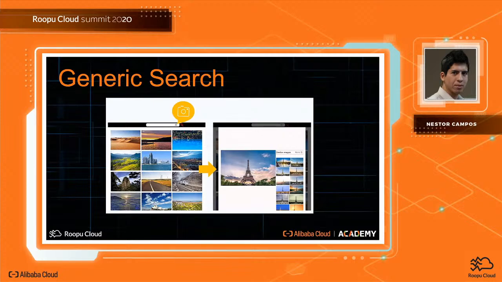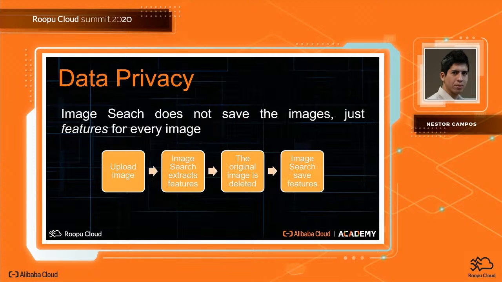You can imagine ideas for new projects, but your question is about security. How is my data, my images, managed? So here is the question, and here is the response. Image search doesn't save the image, just features for every image.